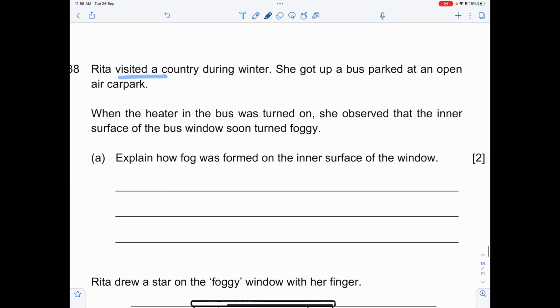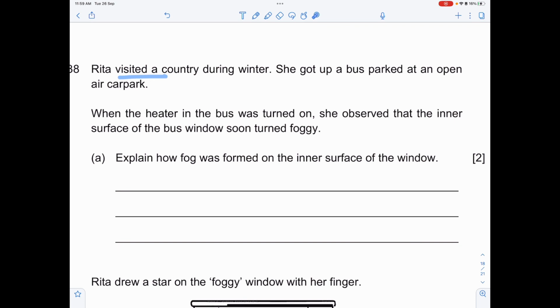Rita visited a country during winter. She got out of a bus parked in an open air car park. When the heater in the bus was turned on, she observed that the inner surface of the bus soon turned foggy. Now, this is obviously a very familiar question. By now, you should know that it's got to do with the water cycle.